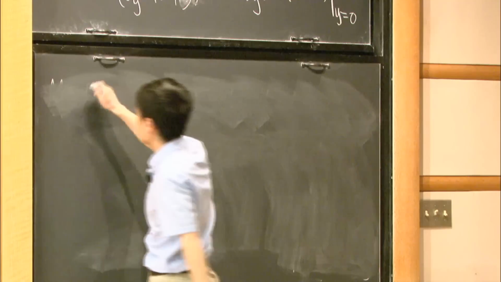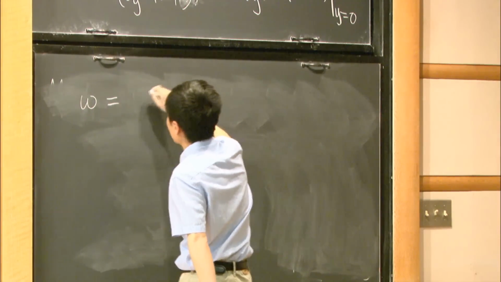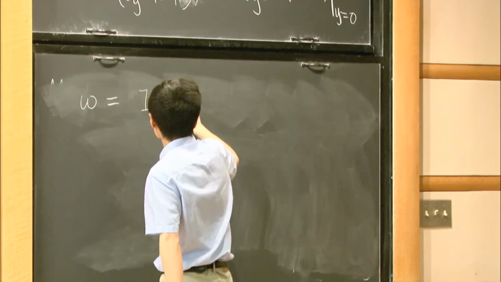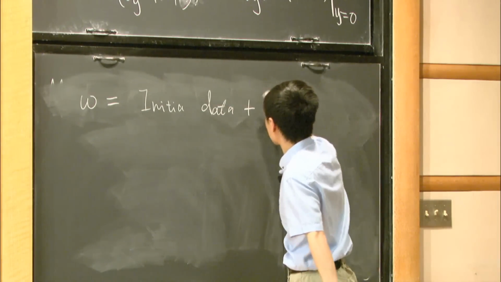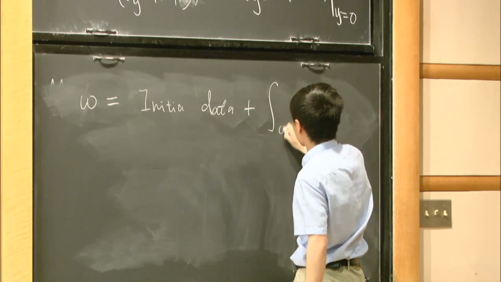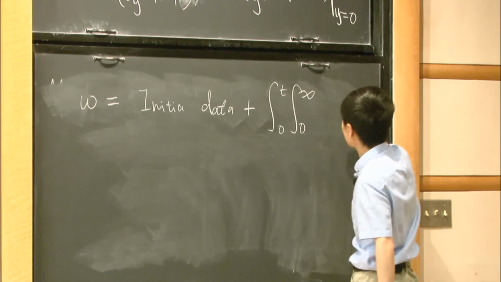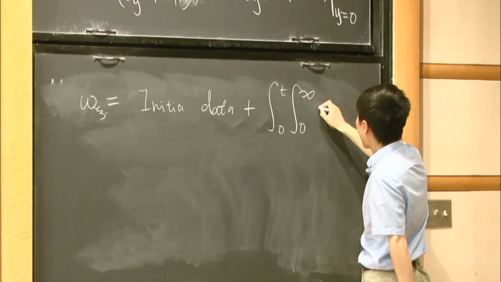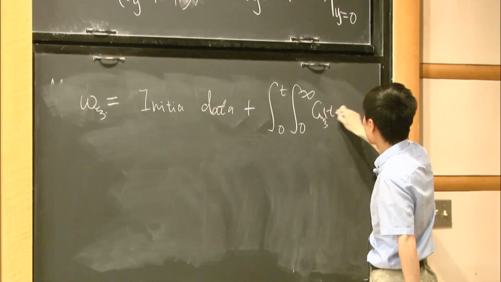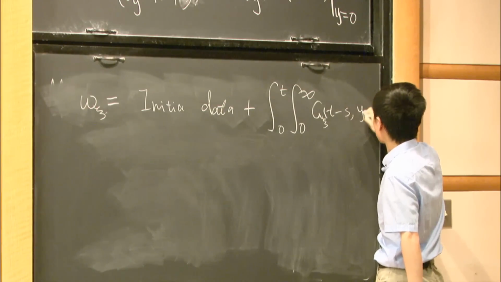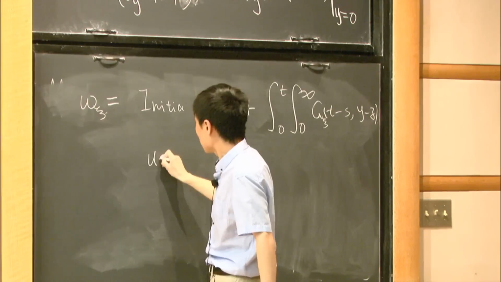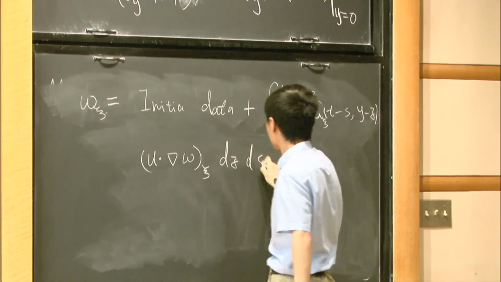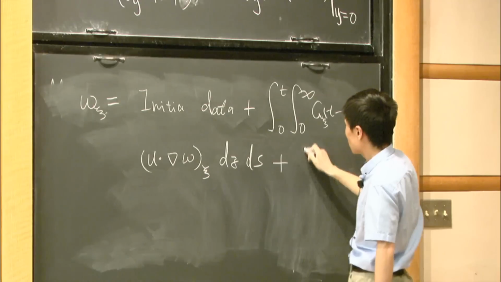We have this mild formulation: this initial data term, plus this forcing term from 0 to t and from 0 to infinity, in the Cauchy mode, with Green function G Cauchy (t minus s, y minus z), the forcing u dot gradient omega dz ds, and of course you also need to consider this boundary part.